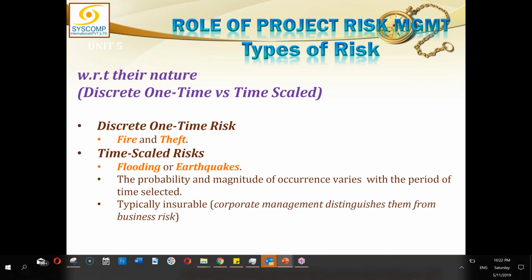A time scale risk will happen after periodic breaks, maybe after every year, maybe after every 30 years or 40 years or 60 years, which has a probability of occurring again and again after a definite interval. That is called a time scale risk. So discrete one-time risks are there and time scale risks are there. This is one way of looking at the risks with respect to nature.